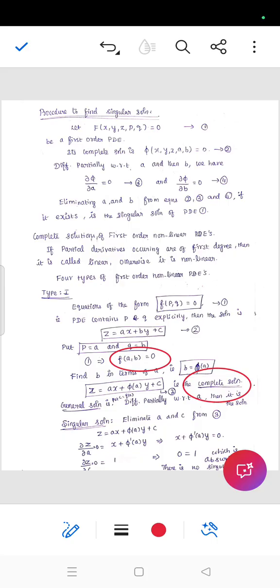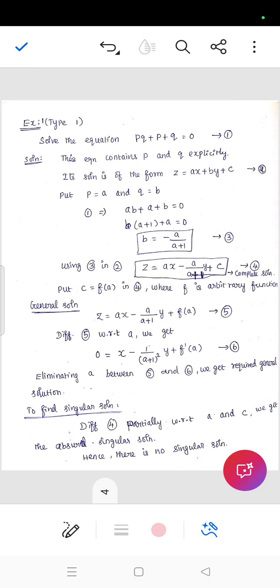And eliminating a and c, eliminating the arbitrary constants and arbitrary functions, it is called the singular solution. For this type of f of p comma q equal to 0, there is no singular solution, that we will see in the upcoming problem.